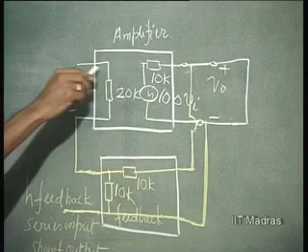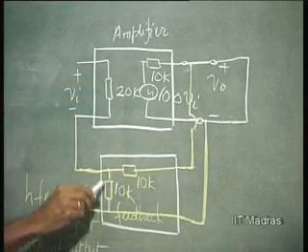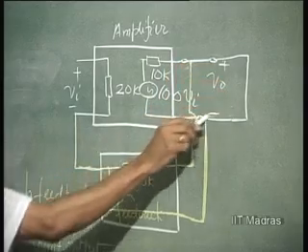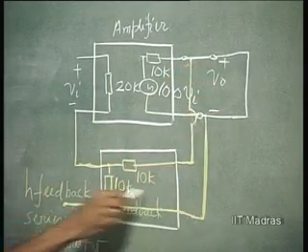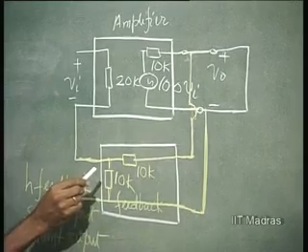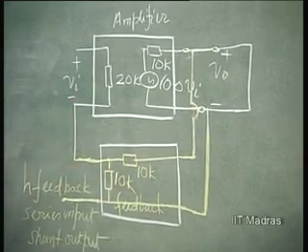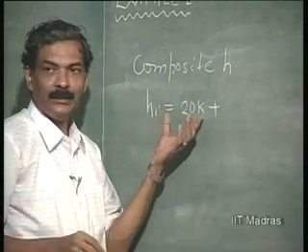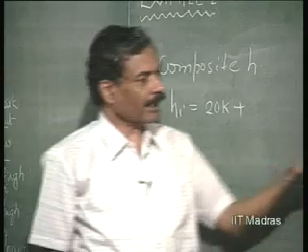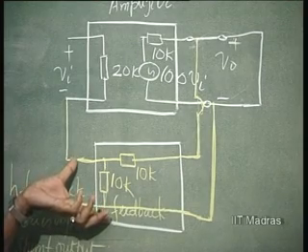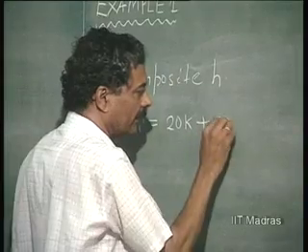Then you see this 20K will be coming in series with 10K shunted by 10K, because this has been shorted, it is in effect shorting this. So, 10K will come in parallel with 10K. So, 20K was HI of the amplifier, and HI of the feedback network is nothing but 10K parallel 10K, that is 5K.